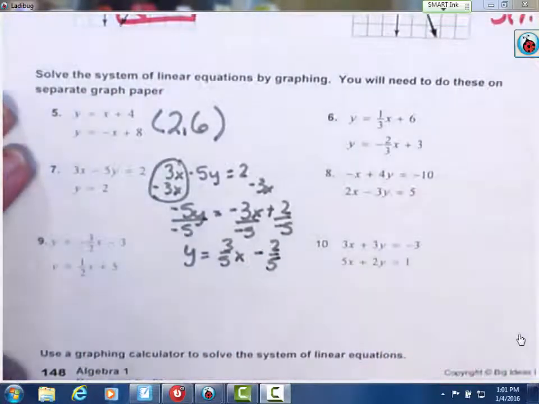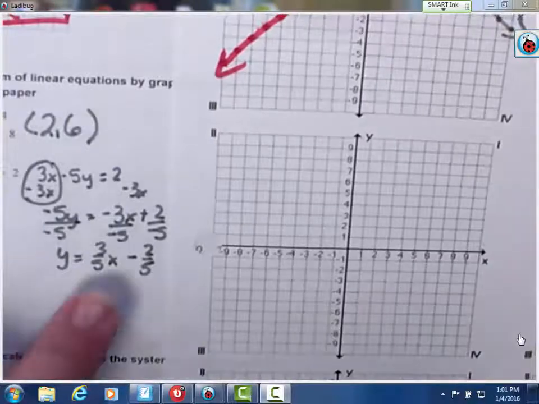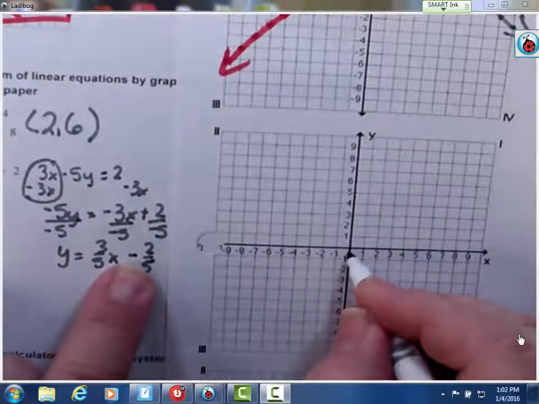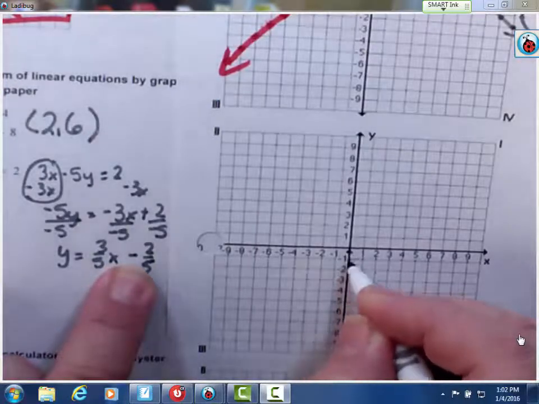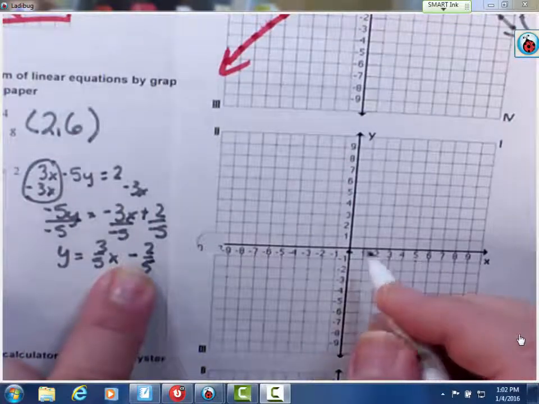Okay, so now that's in proper form. Go to my sheet of graph paper, and my y-intercept is going to be at negative 2/5. So kind of estimating, but it's a little less than halfway between the 0 and the negative 1. And then I'm going to go up 3 and over 5.